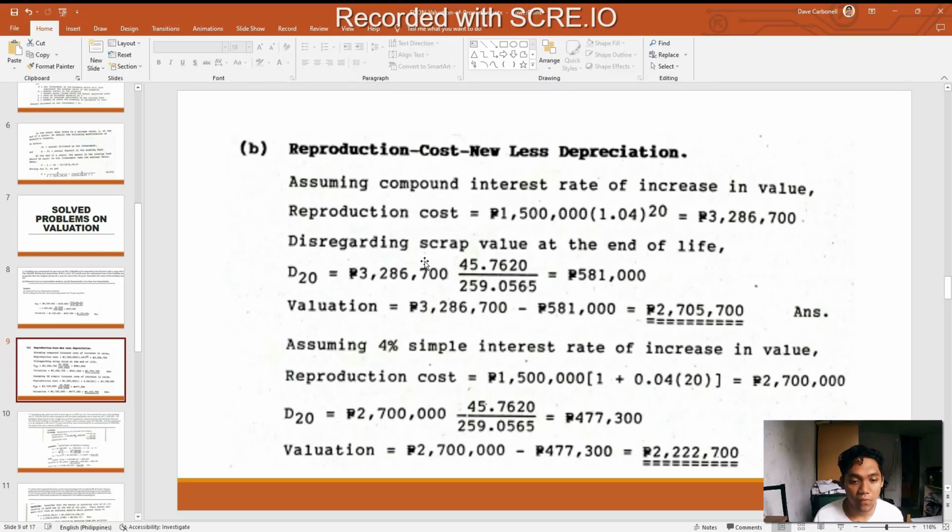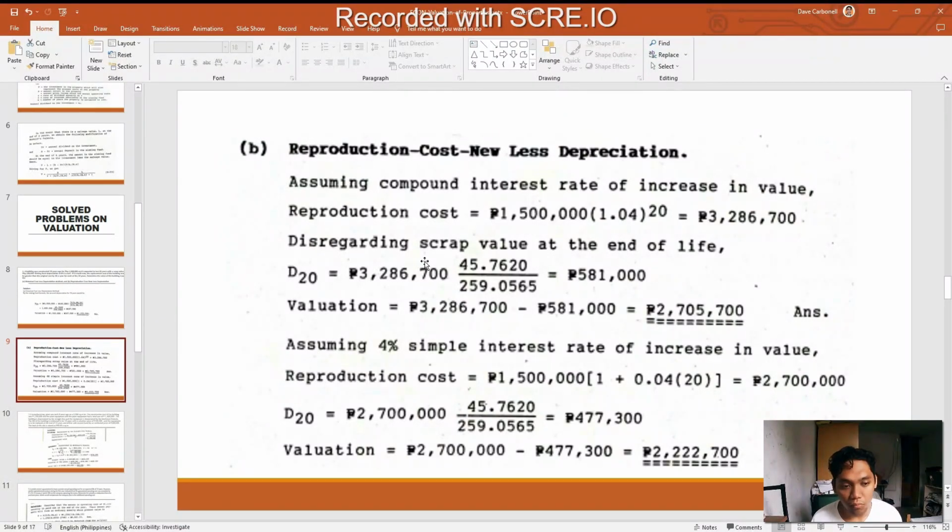Now, assuming that there is a 4% simple interest rate per year, which increases the value of the property. So reproduction cost is equal to the original amount times 1 plus the interest rate per year. But now the arrangement changes. It is no longer to the power of 20. The 20 is multiplied directly, which is equal to 2.7 million pesos.